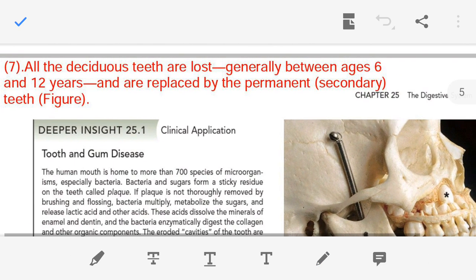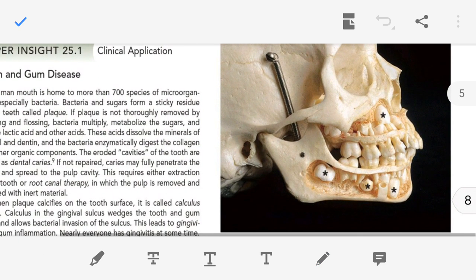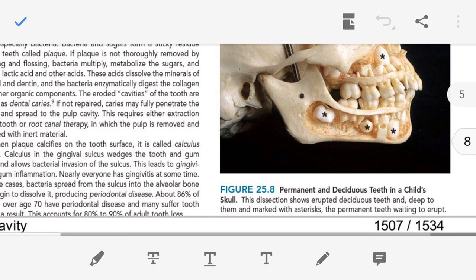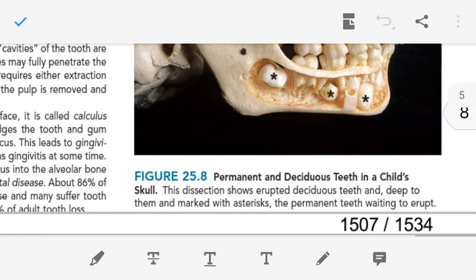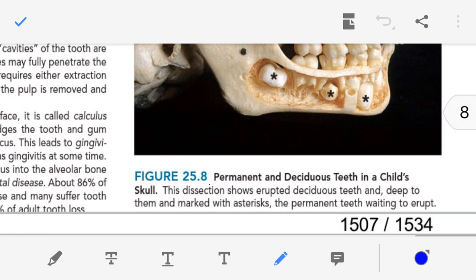In this figure, at the bottom, the permanent and deciduous teeth in a child skull are shown.